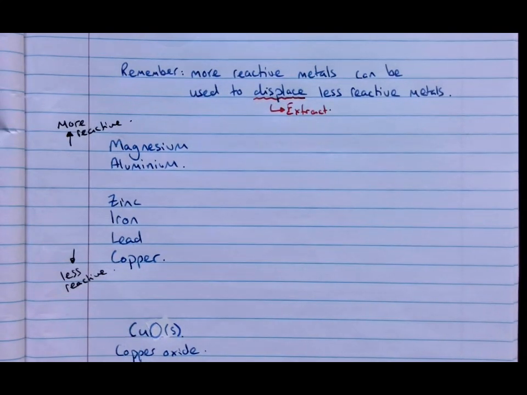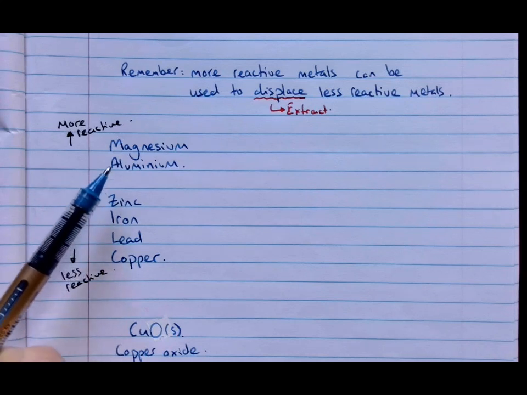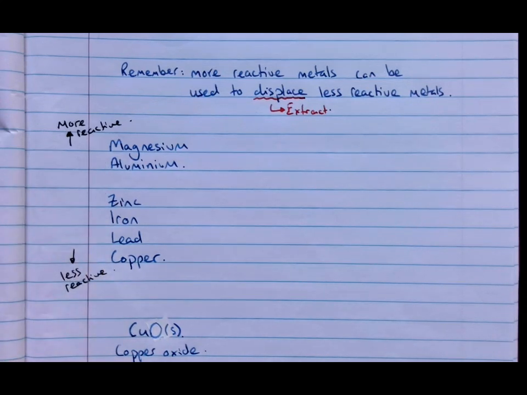So I look at my reactivity series and I can see copper is right down here at the bottom. So that means that I can use any of these metals to extract copper from the copper oxide. So I could use iron.